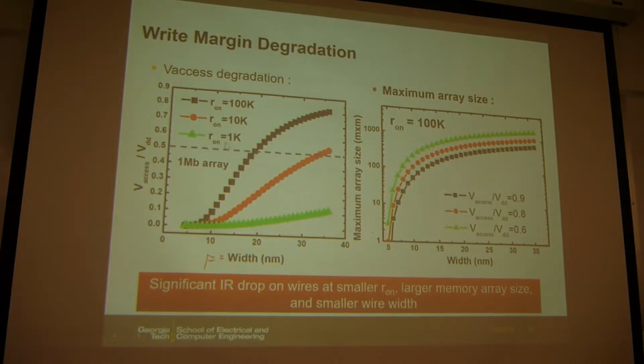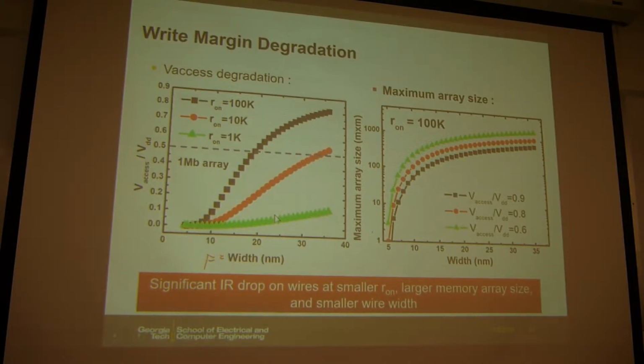And another parameter you can design is the on-state resistance of your memory cell. You can see here, when the memory cell on-state resistance is small, like 1 kilo ohm, then most of the voltage actually drops on the wire. So only about 10% of the voltage can drop on the memory cell.